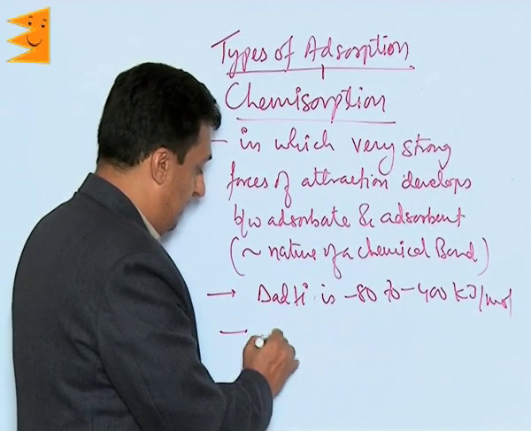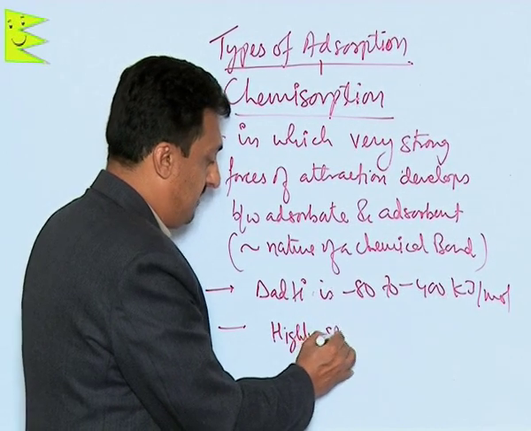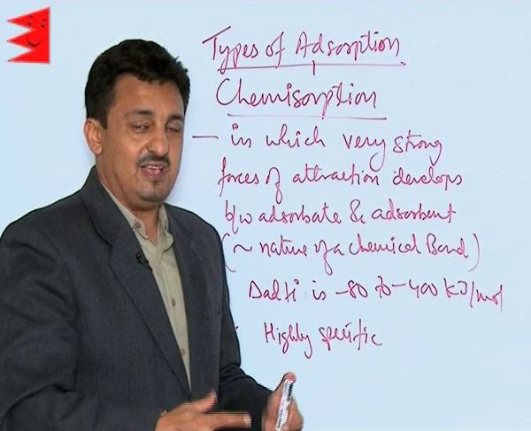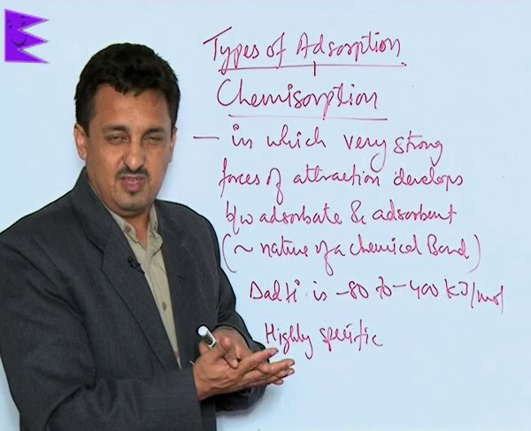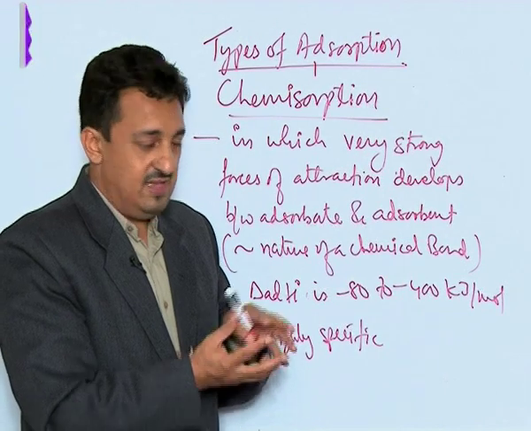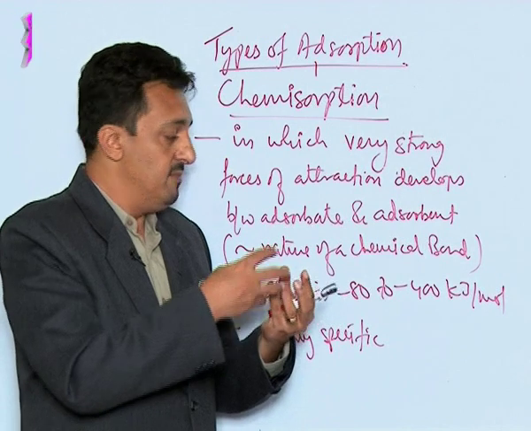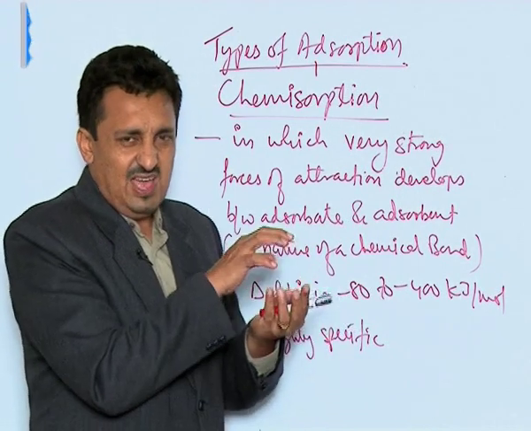Moreover, remember, they are highly specific. Highly specific means what? This type of adsorption can't take place on any type of surface, because the surface has to be very specific. It has to be activated in the sense that it can only form this type of forces with certain other adsorbates. So they are highly specific.